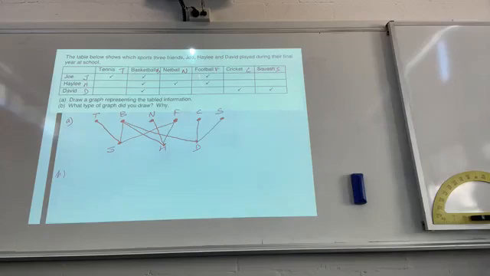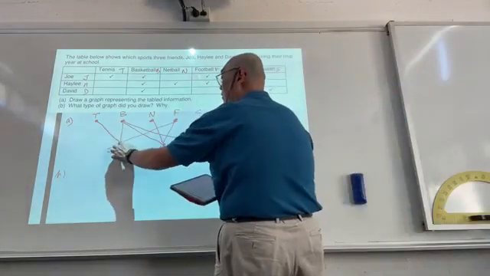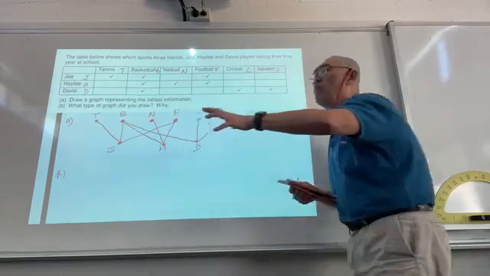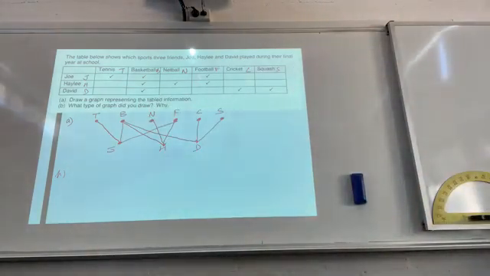Now, part B, they will ask you how you would justify what type of graph this is and why. This is not a complete bipartite graph because not all the edges are connected between the 2 groups. So you've got 2 distinct groups, but it's not a complete one. So this is a bipartite graph. 2 distinct groups can be identified as the answer justification.